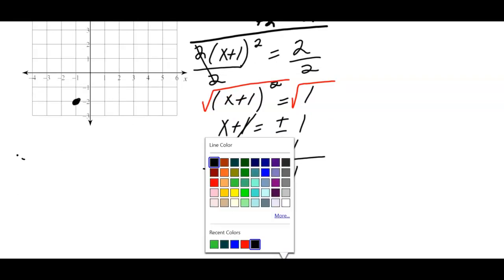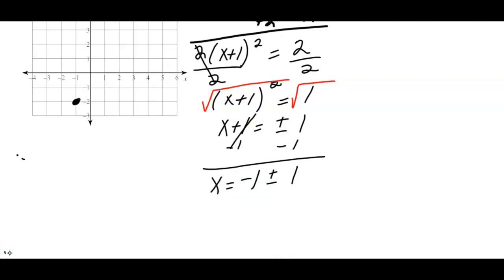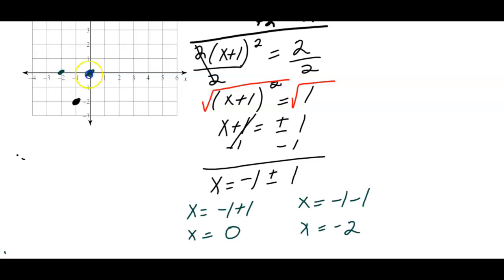So this represents 2 different answers here. x equals negative 1 plus 1, and then x equals negative 1 minus 1. So for this one, negative 1 plus 1 is 0. For this one, x is negative 2. Okay. So then you go to your graph, 0 and negative 2.